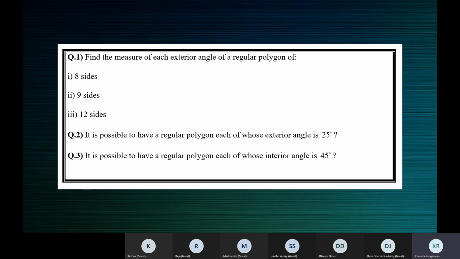Now tell me, I want the answer in a jiffy, in less than 5 seconds.